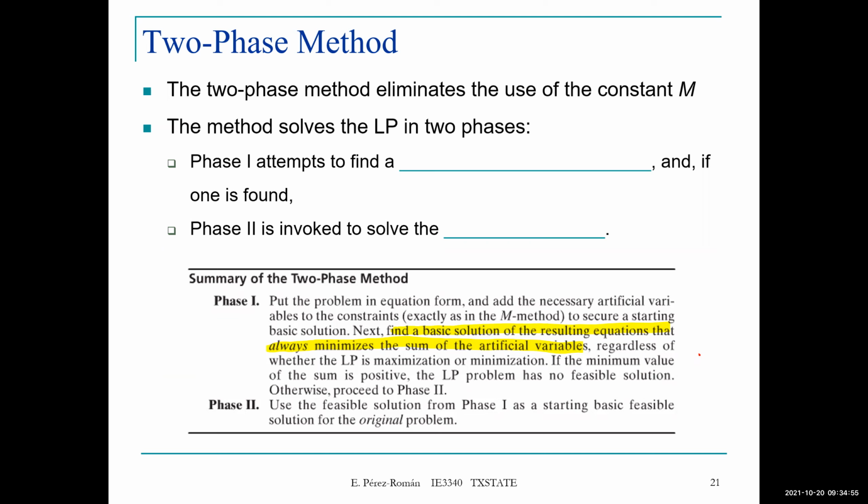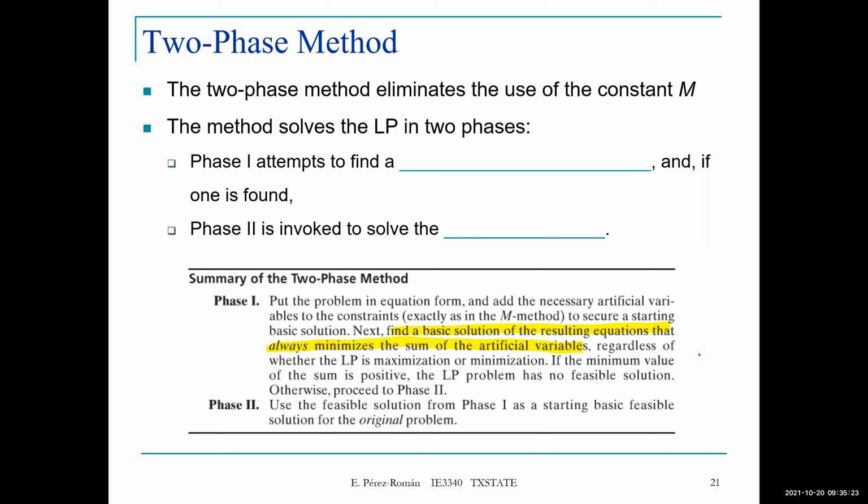We solve the problem, and at the end, if we find out that we can find an initial solution without the need of the artificial variables, meaning that these artificial variables are non-basic, or if they're still basic, they have a value of 0, then that means that we can find an initial solution for our problem. So we take that solution or that tableau to the second phase.